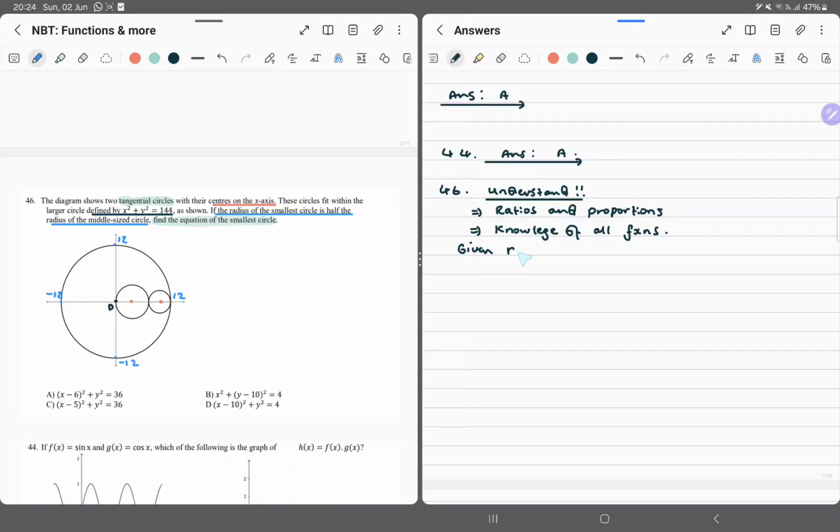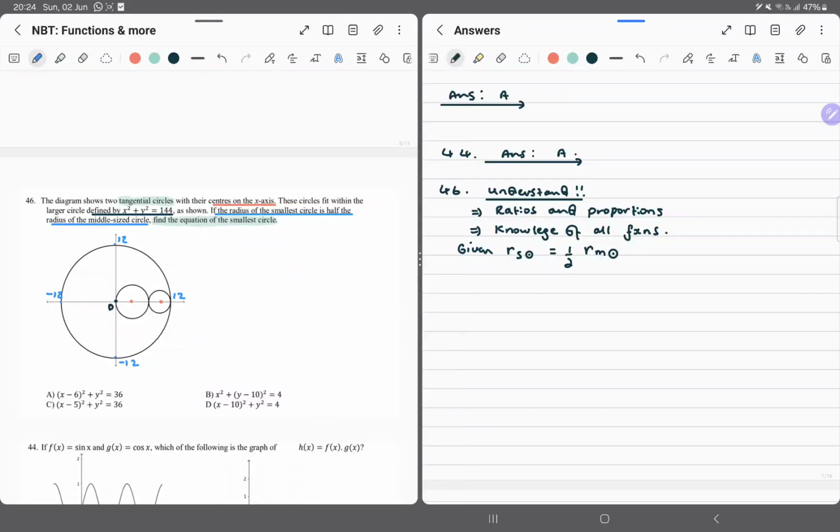You can say R of the smaller circle is basically equal to 1/2 the radius of the medium circle.